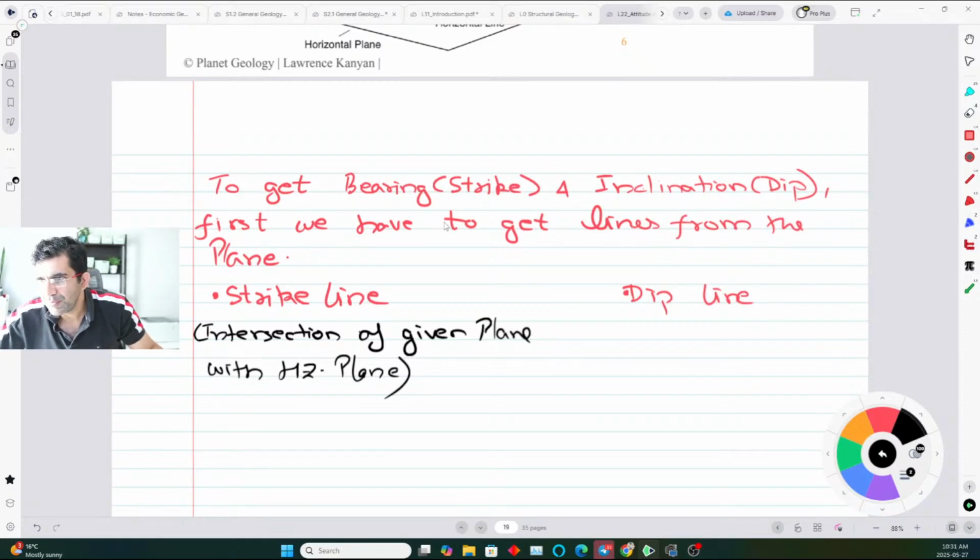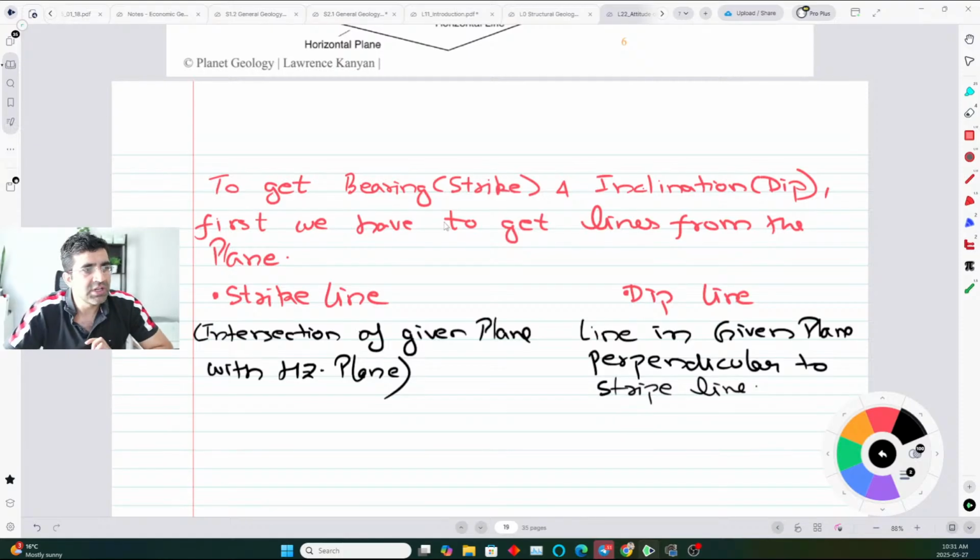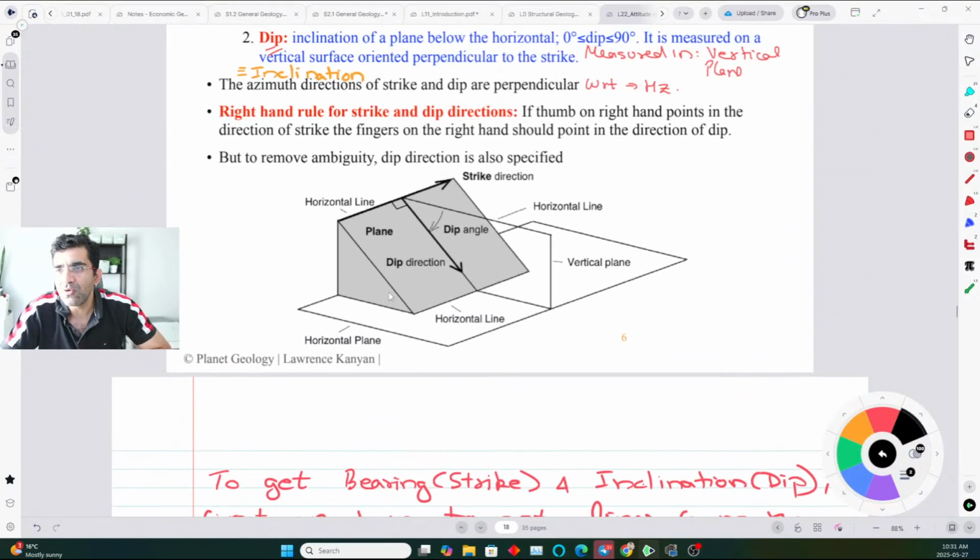Whereas dip line, okay, so what will be the dip line? It is a line in the given plane perpendicular to the strike line. So these are the two things that we have to get, and that is what is being done here.